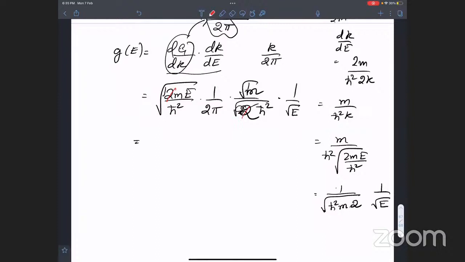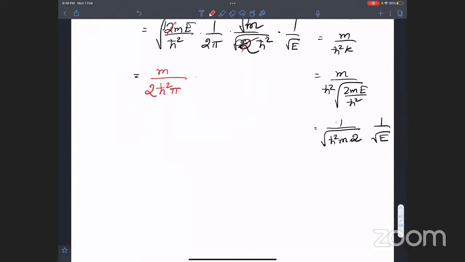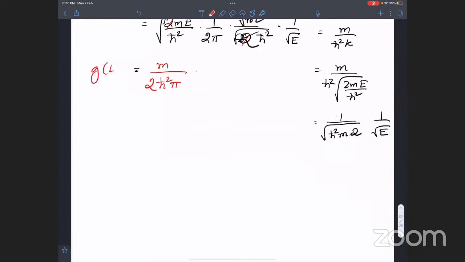ħ squared, so this will become m by 2π ħ squared. Yeah, that's it, right? So I'm getting g(E) has no dependence on energy at all.